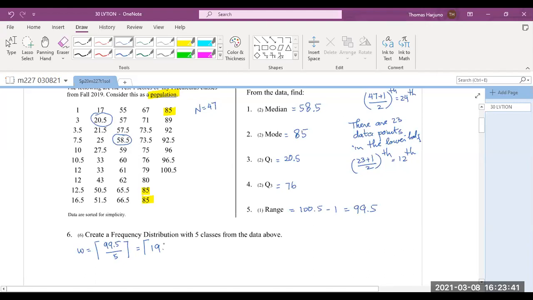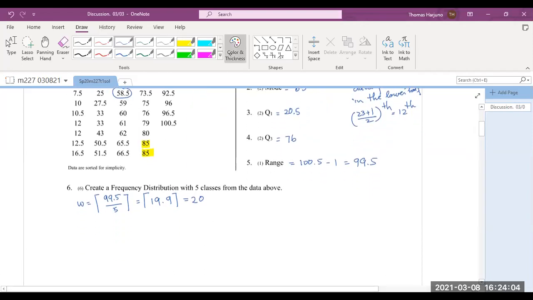Is it 19.5? Hold on. 99.5 divided by 5, I get 19.9. But yes, even if it is 19.5, you still round it up, you always round it up. But it should be 19.9. So I round it up, and it becomes 20.